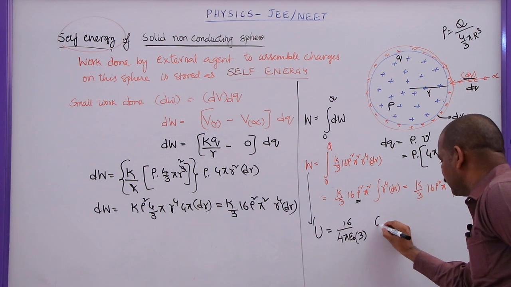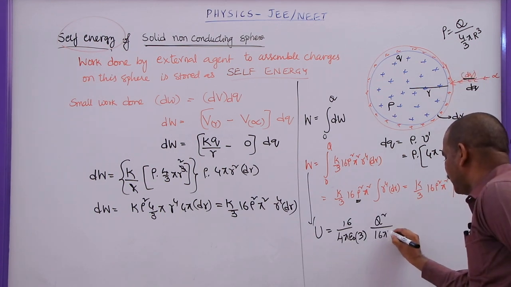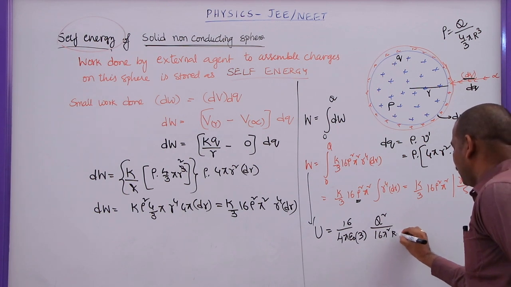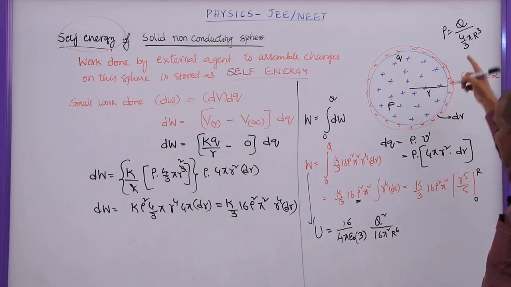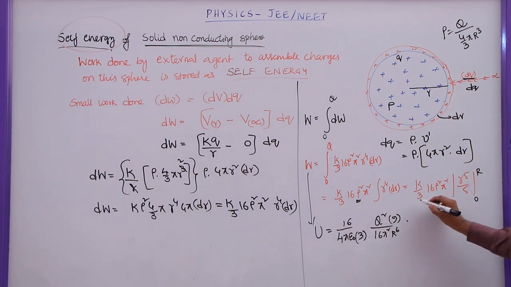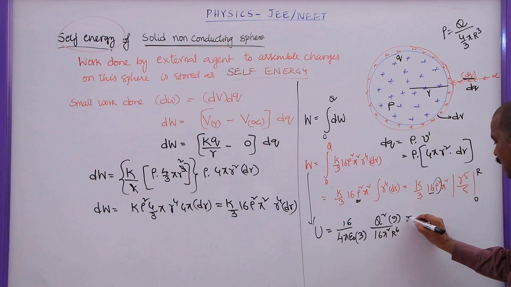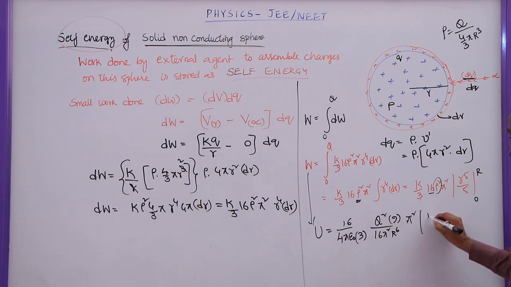So this will become q square by 16 pi square r power 6 by 3 square, that will become 9 here. And what are the remaining terms? K by 3 is over, k is over, 16 is over, 3 is over, rho square is over, and we have pi square. This will be r power 5 by 5 minus 0, not required.